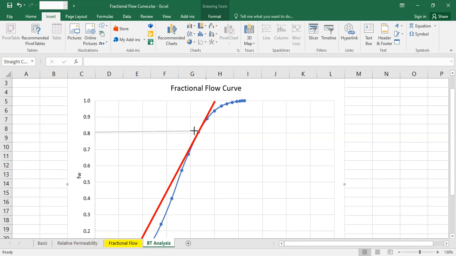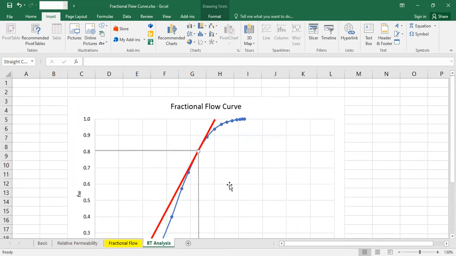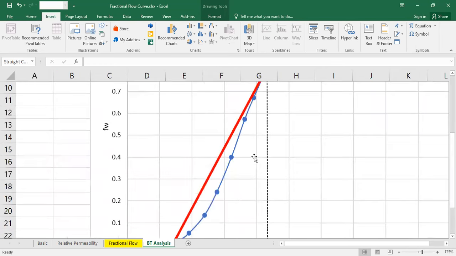So there is actually no practical benefit in doing a very detailed analysis. Just drag it like this and just read the chart.